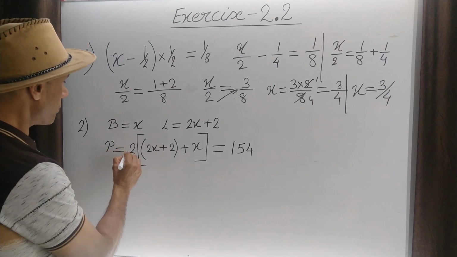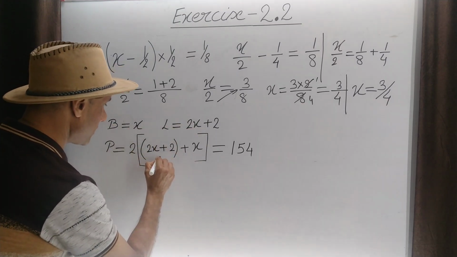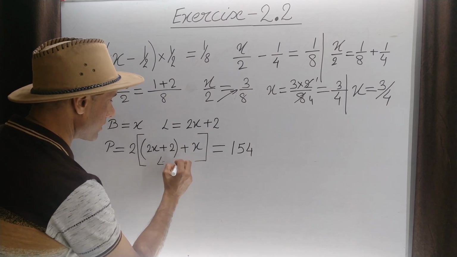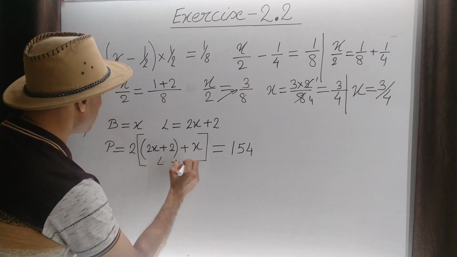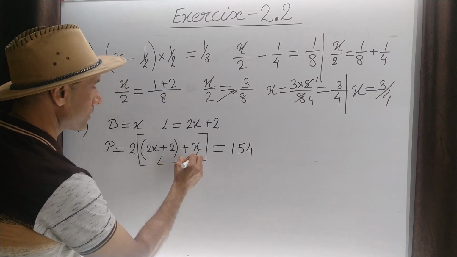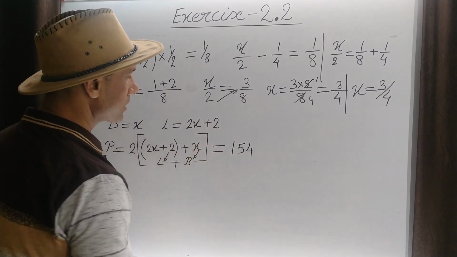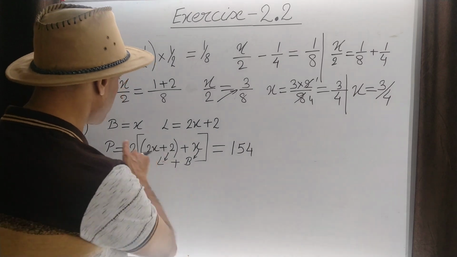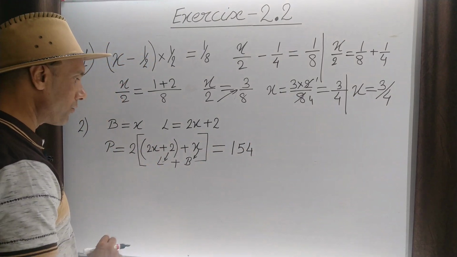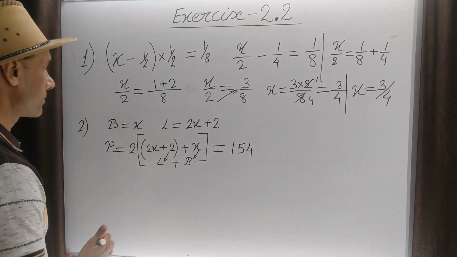Perimeter is 2 into length plus breadth, this is nothing but length, and this is nothing but breadth. This equals 154 meters. So we get an equation in this form. Let's solve it.